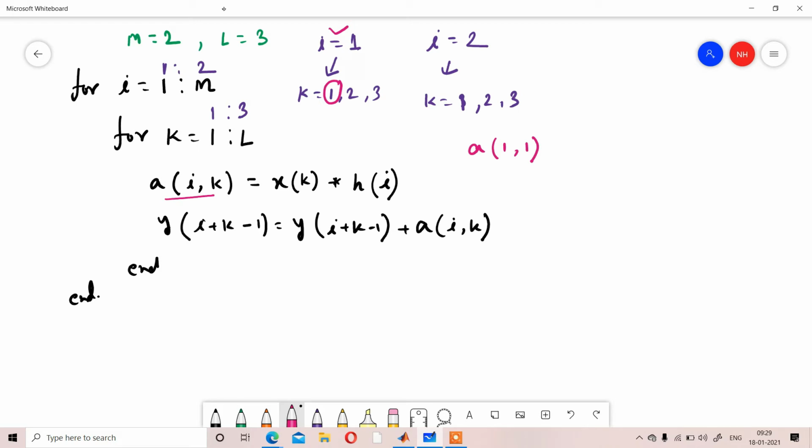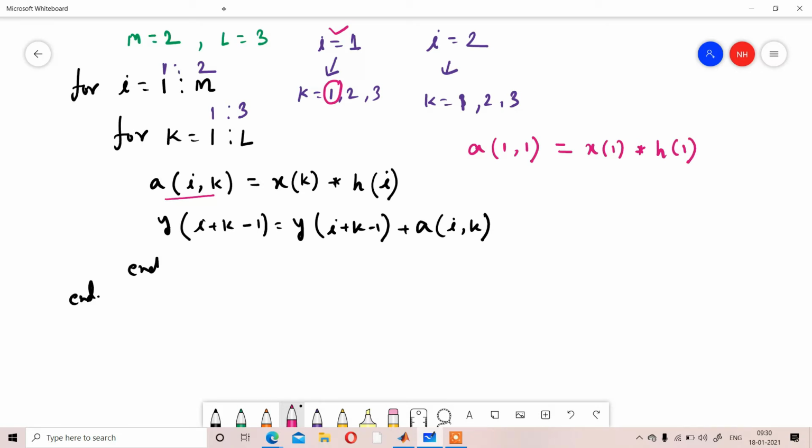And the value of a 1 1 is xk. Value of k is 1, so x 1 into h I, value of I equal to 1, so h 1. Clear? That is the a you are getting.